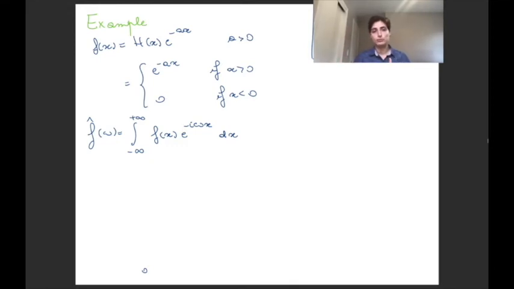By the multiplication with the Heaviside function, for x smaller than 0 we're looking at 0, and for x bigger than 0 we're looking at a negative exponential. And we want to compute f hat, the Fourier transform. This is by definition the integral from minus infinity to plus infinity of f(x) exponential of minus i omega x dx.